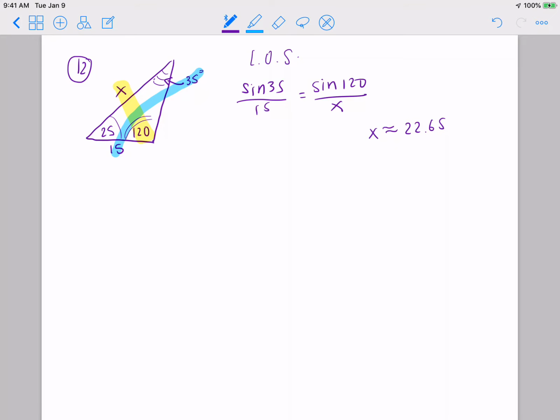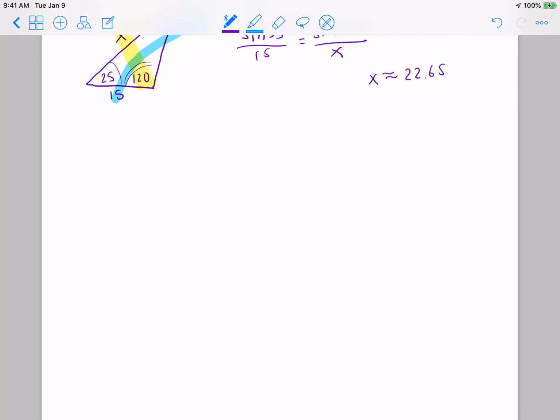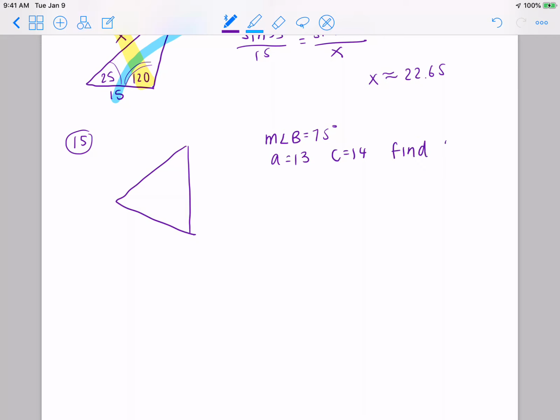I think this is 15. Okay, so we got our triangle. Actually, the question itself is they give you the measure of angle B is 75 degrees, a equals 13, c equals 14, find little b. Set up your A, B, C, and the length across from it with the small letters.